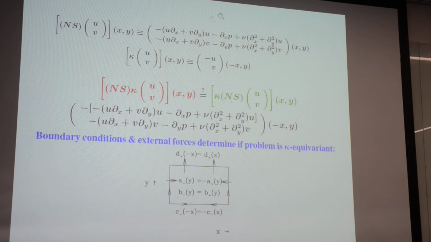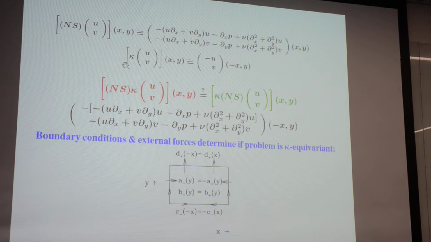Do people recognize this as the right-hand side of the 2D Navier-Stokes equations? If not, just take my word for it. This is the right-hand side of Navier-Stokes: du dt equals this equation, and dv dt equals that right-hand side. There's nothing about reflection symmetry here. I'm just setting up notation for Navier-Stokes.